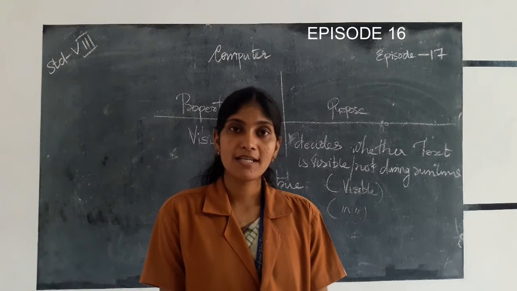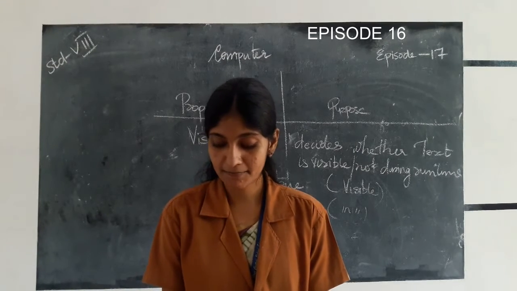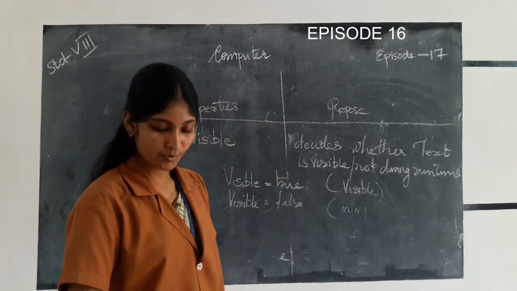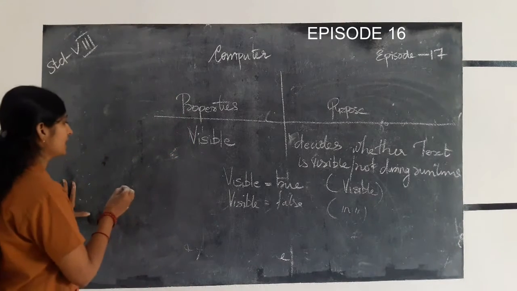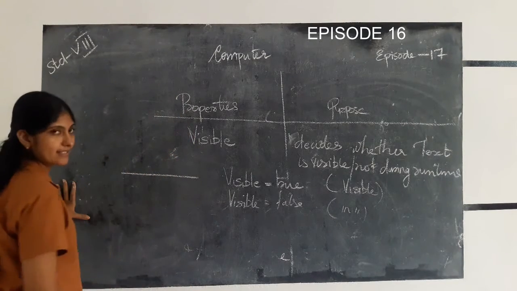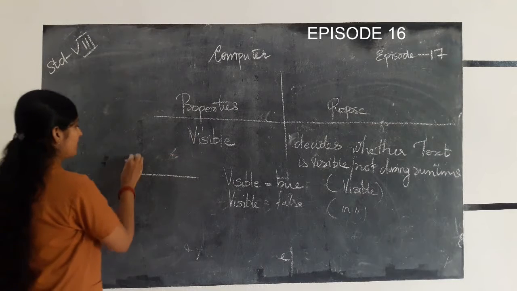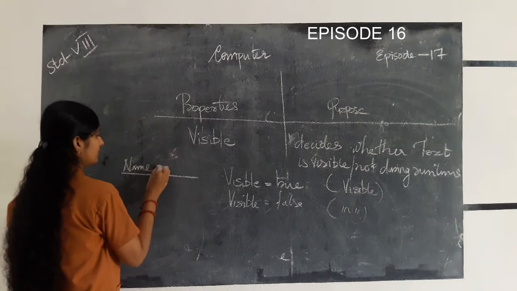So multi-line means, for example, there are two types, single line and multi-line. In the single line, you can enter the text in a single line. Name of the student.